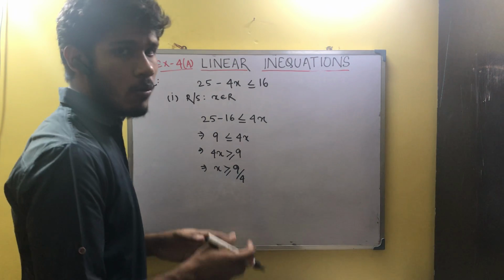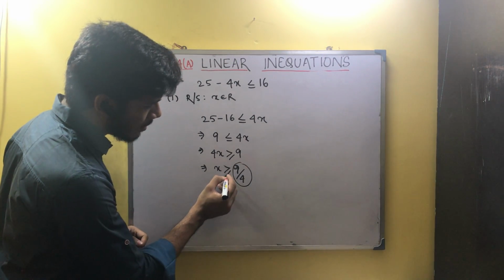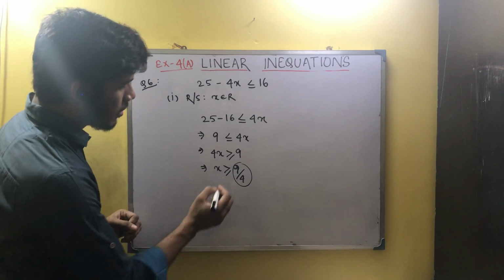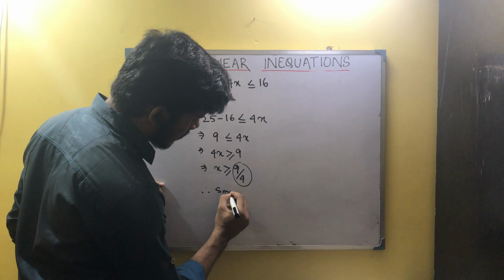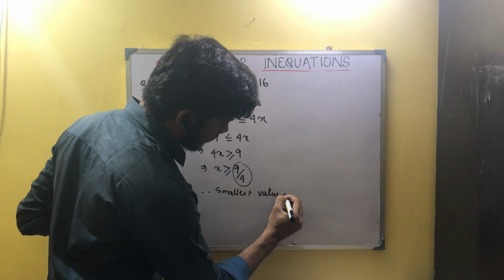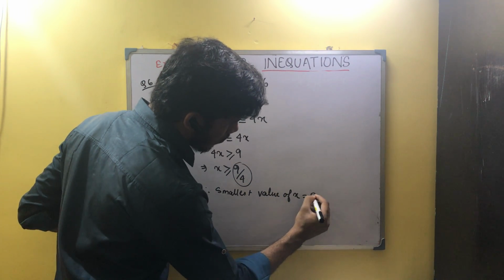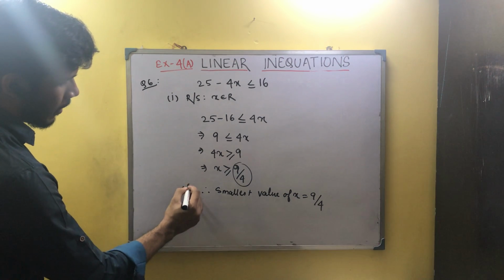Then obviously the smallest possible value of x is 9 by 4 itself, since we have the equality sign here. Therefore, the smallest value of x equals 9 by 4. This was for the first part.